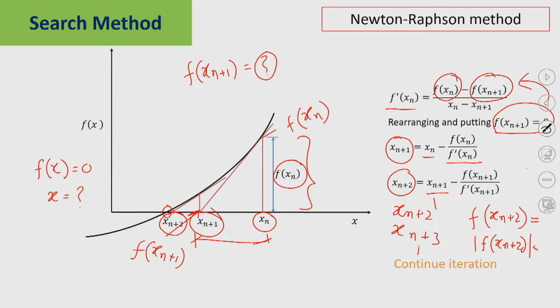I will terminate my iteration once f of x n plus 1 or n plus 2 is less than or equal to some epsilon value.